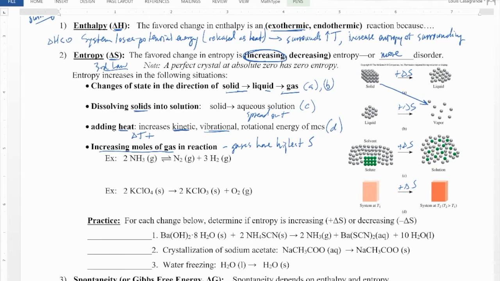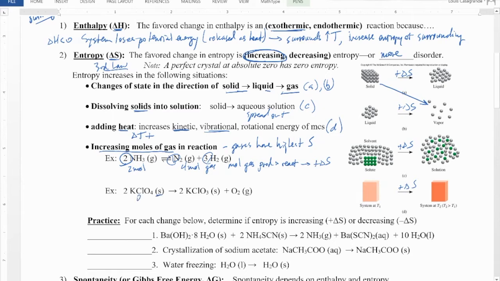So in the first reaction, we're going to count up the number of moles of gas. In the reactants, we have 2 moles of gas. In the product, we have 1 plus 3, a total of 4 moles of gas. So the moles of gas in the product is greater than in the reactants, and so that's a positive delta S. In the second example, we have 0 moles.